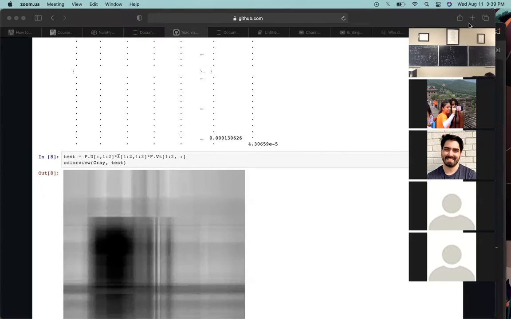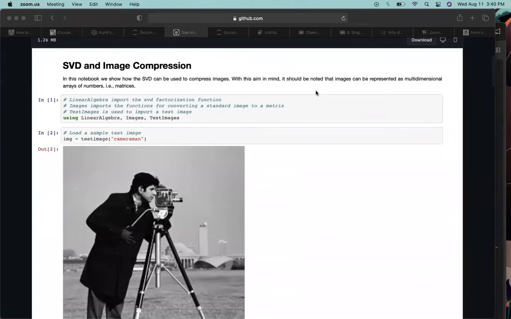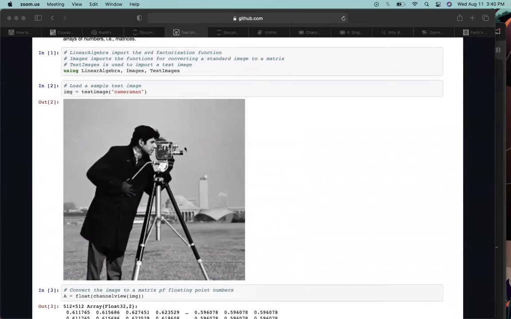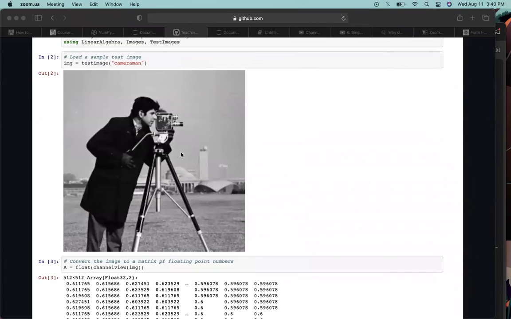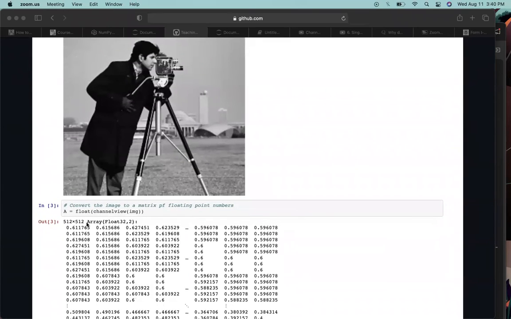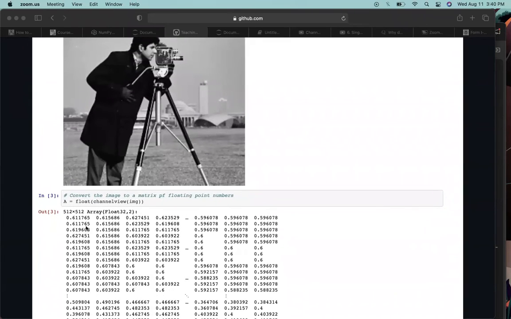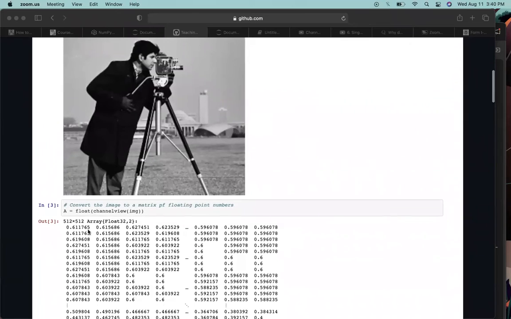Okay, so this is my preferred linear algebra programming language. It's called Julia. And I want you to take a look at this image here. It's a grayscale image, which means it's a matrix where each entry is between 0 and 1.